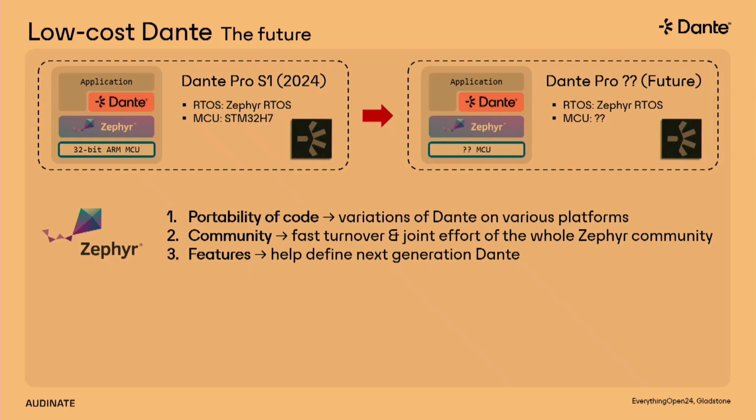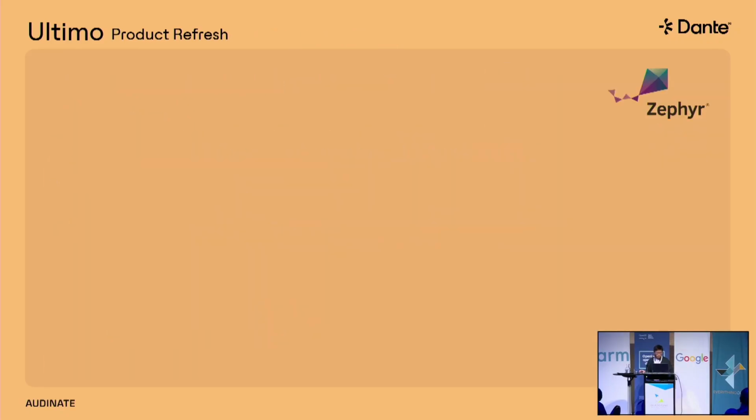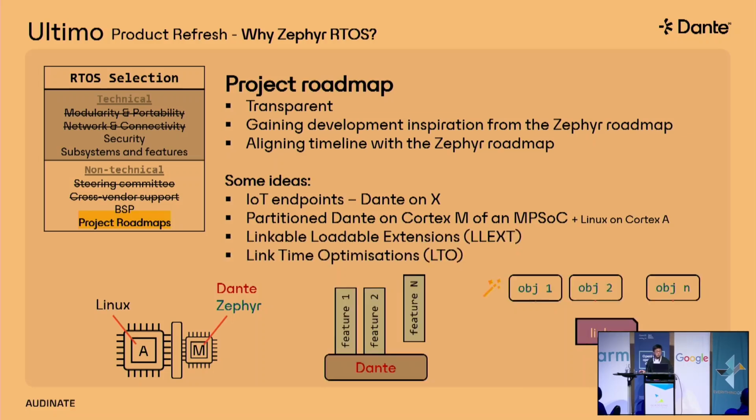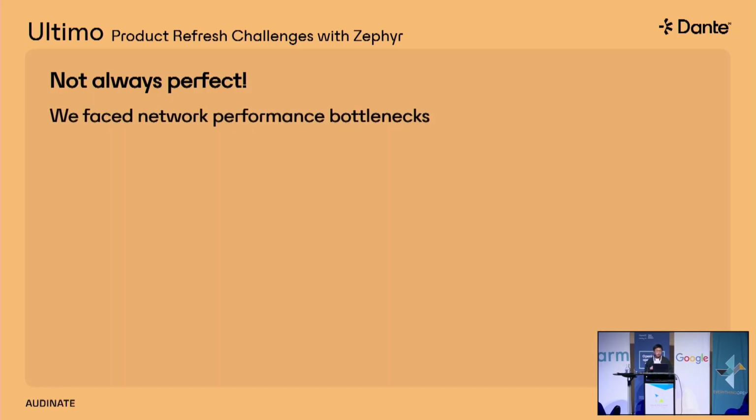Just to align with the fine-grained modularity and clear abstractions between layers, we really tried not to. However, there were some parts that we needed to customize. For example, one thing for Dante is time synchronization between devices. We really rely on something called PTP, which is Precision Time Protocol, to share the notion of time to each device and tune the local time notion to that reference clock.